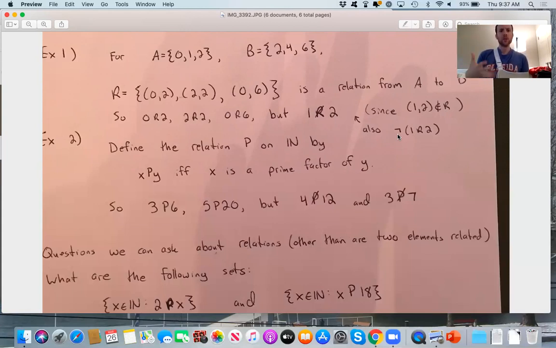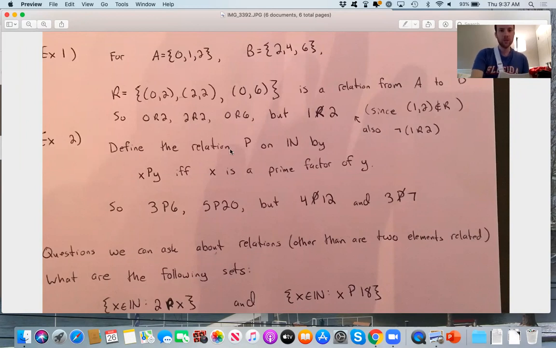So these finite relations are good for getting a handle and being able to see everything that's related to everything else and getting a feel for what's going on. As we talk about relations, they're good examples because we can really see everything about them. More often, relations are given by some property that we spell out, but we can't just write out all the pairs.